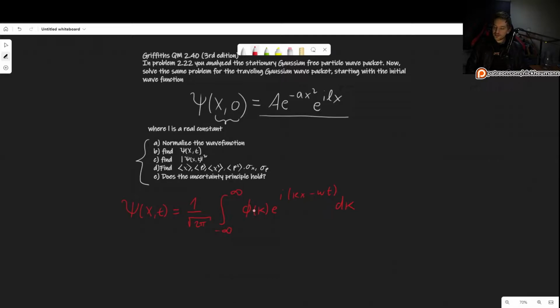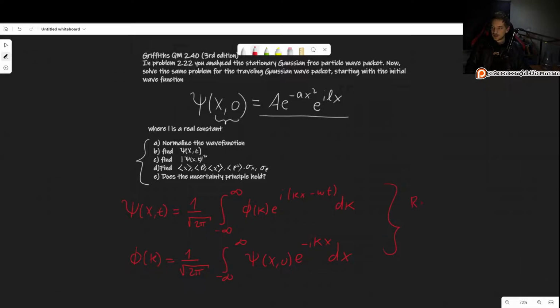But we don't have phi of k. So in order to use this, we first need to find phi of k. And the formula that we found for this previously is 1 over the square root of 2 pi, integral from minus infinity to infinity of the initial wave function, which is what we do have, times e to the minus ikx dx.